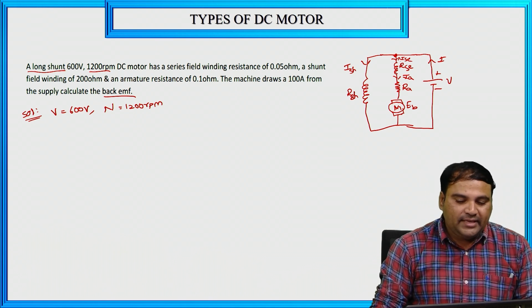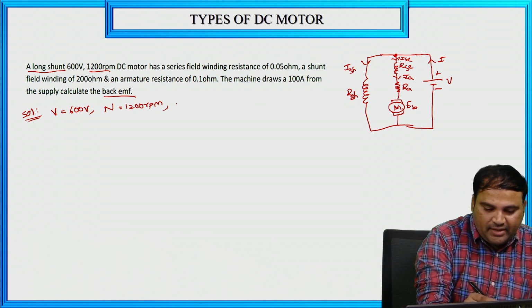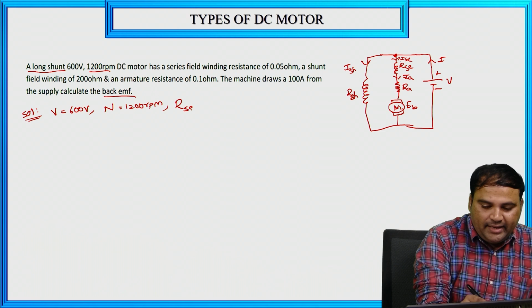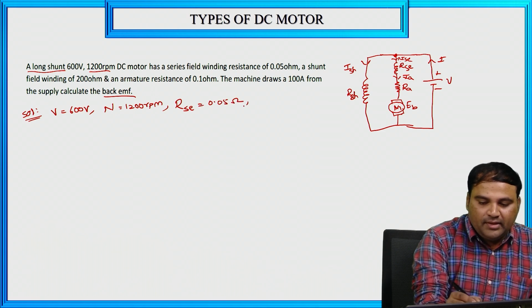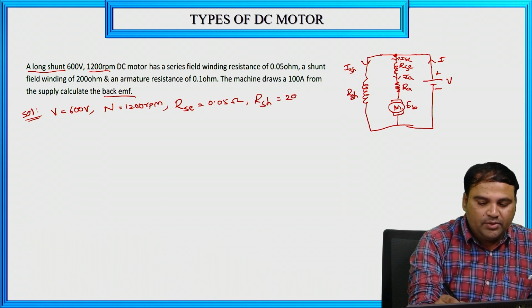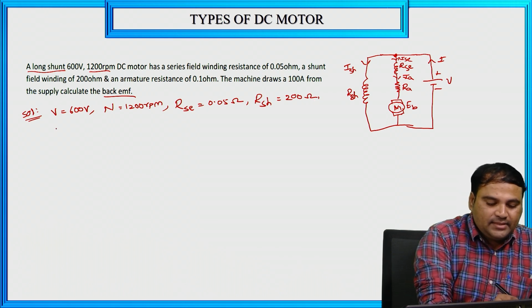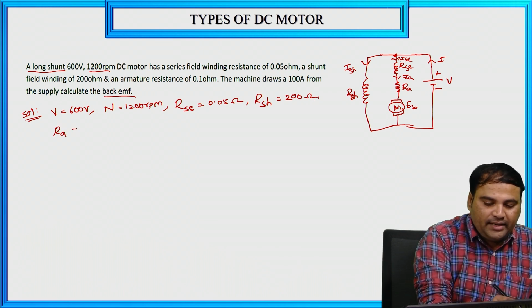The series field winding RSC is equal to 0.05 ohm, the shunt field winding RSH is equal to 200 ohm, and the armature resistance RA is equal to 0.1 ohm.